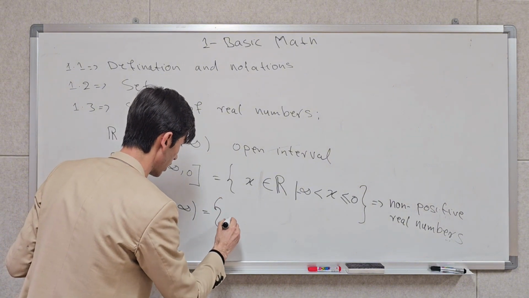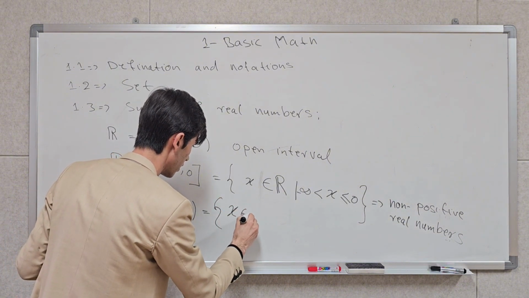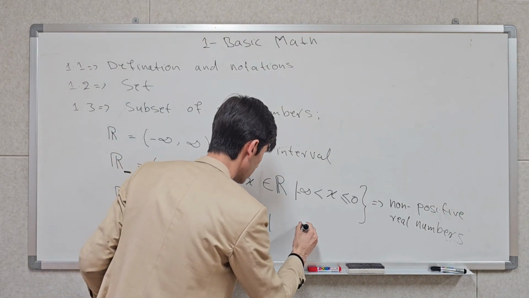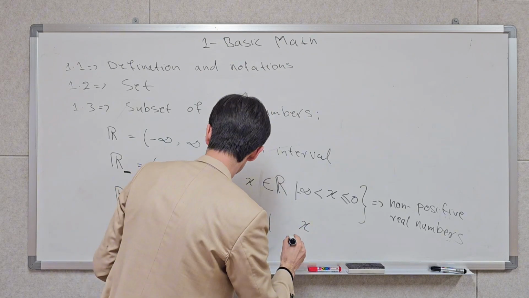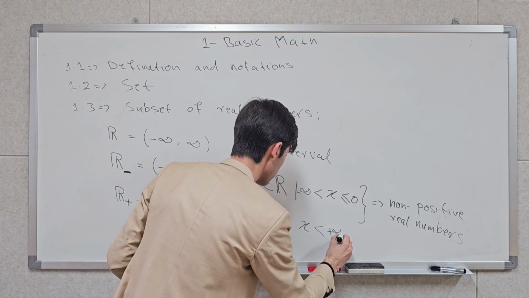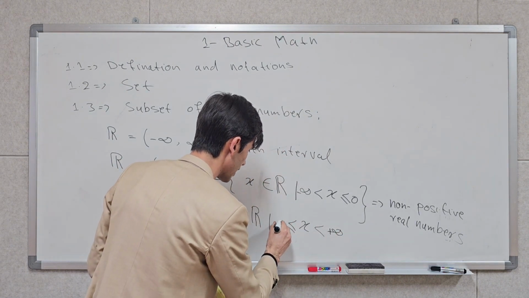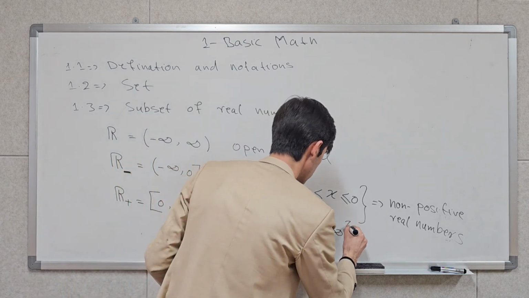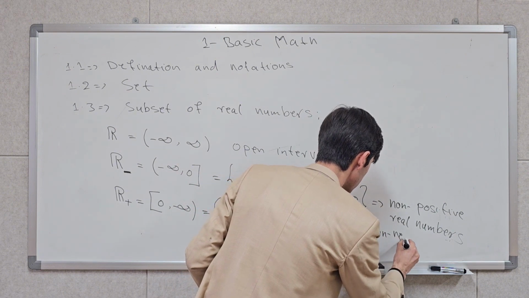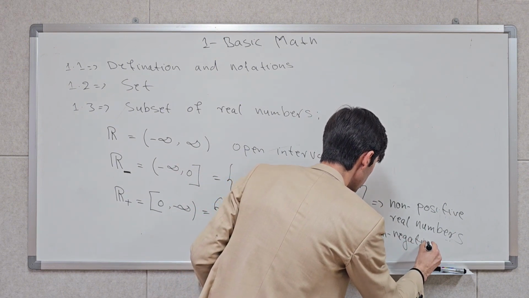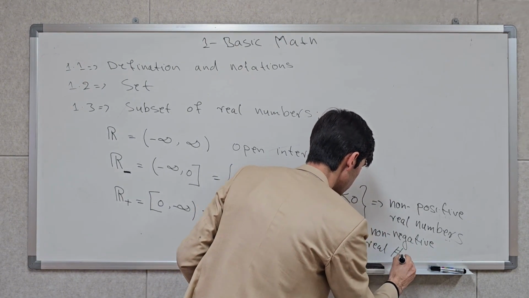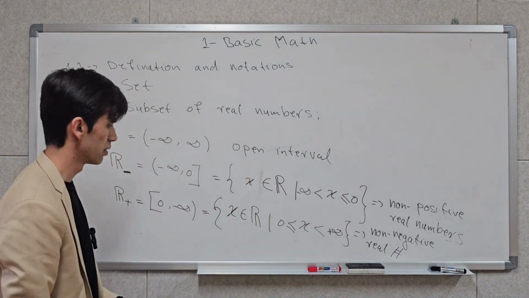We can write it this way: x in real numbers such that x is less than positive infinity but greater than or equal to 0. It's non-negative real numbers.